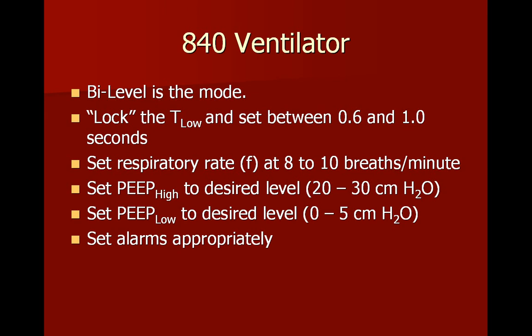Lock the T low. What you want to have is that no matter what I do to that respiratory rate, I never change the release time. That's key. Set your respiratory rate 8 to 10 breaths per minute, P high and P low to where you want them, and set your alarms.